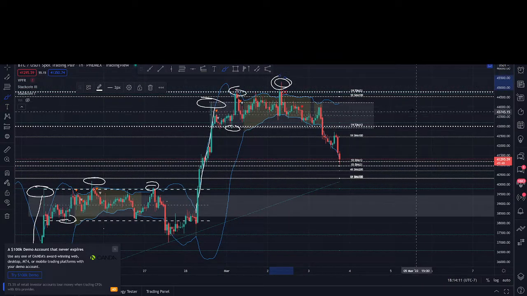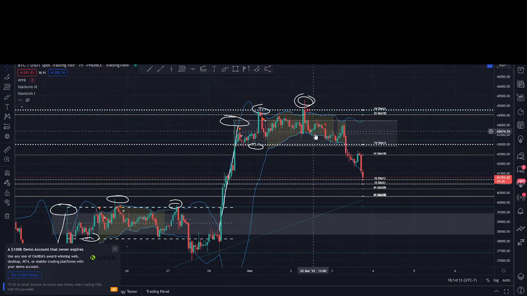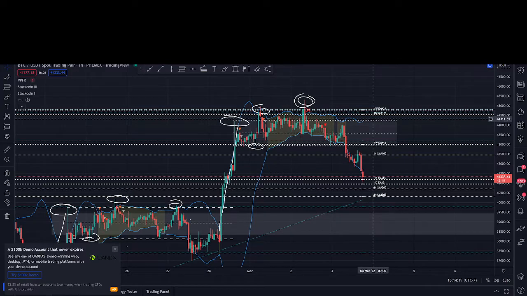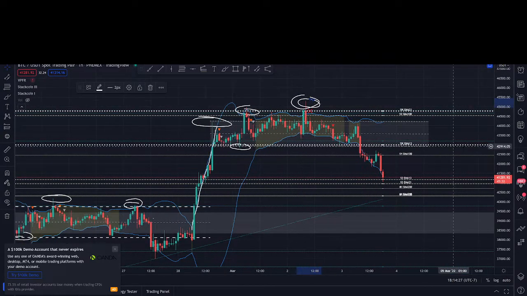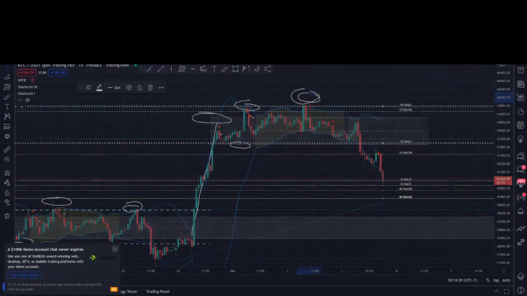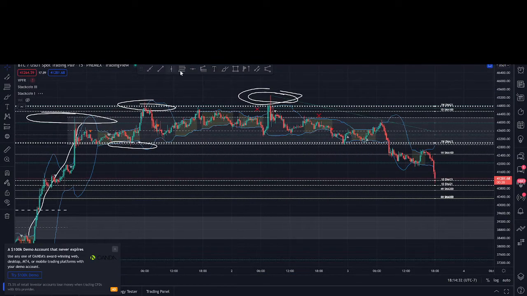The way I played off my recent trade, which was, I think, what did I get? 30%? Yeah, it was like a 30% profit. Basically, when I saw this, let me go to a lower time frame.